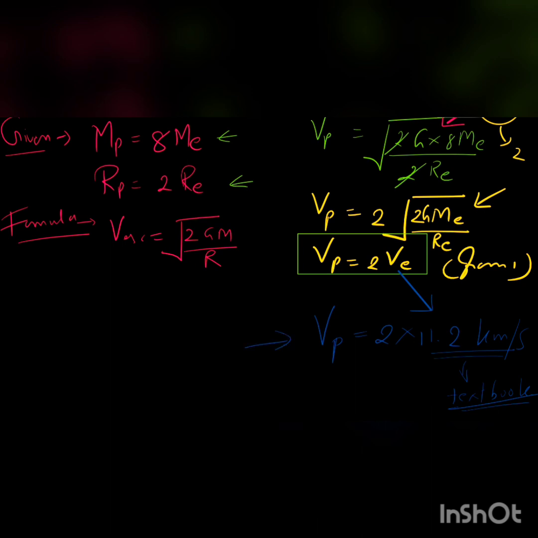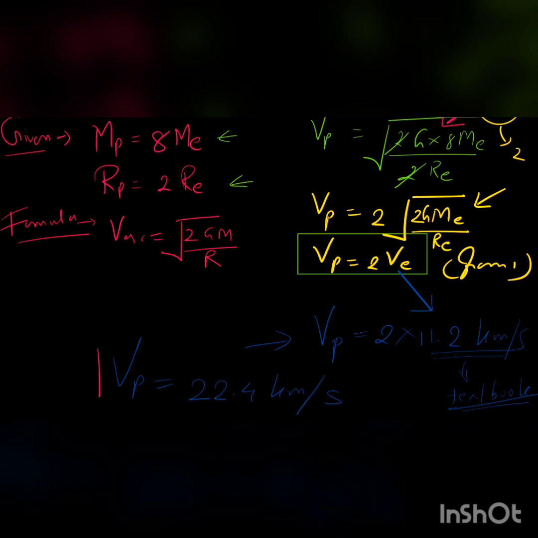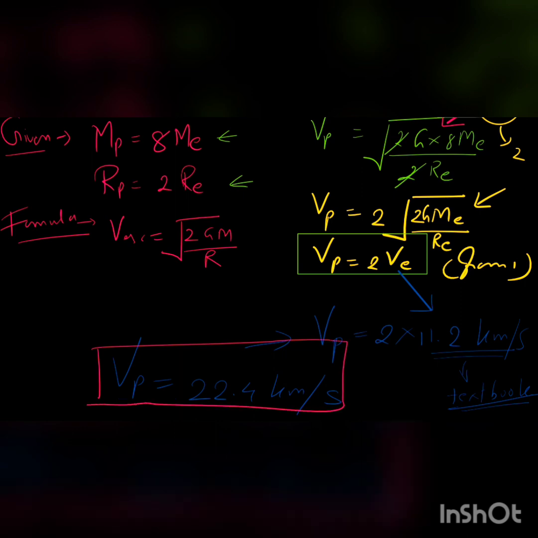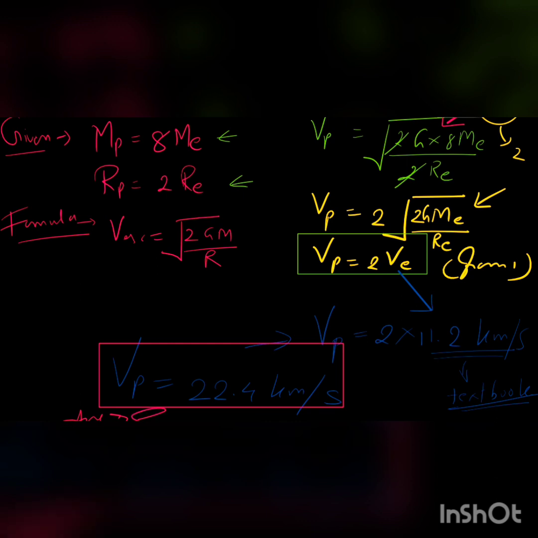So what is the escape velocity for the planet? 2 times 11.2, that is 22.4 kilometer per second. This is your answer. Don't forget to write the final answer: escape velocity for the planet is 22.4 kilometer per second.